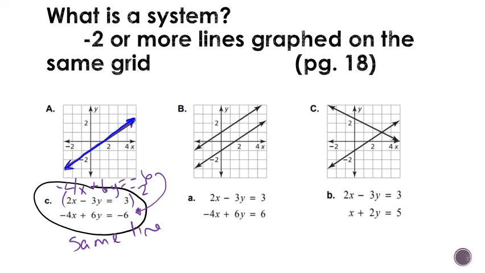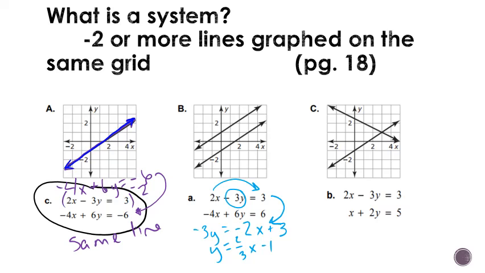Okay, the next one is what we call parallel lines. They have the same slope. The way to determine that is to solve each of these equations for y equals. So I'm keeping this term here and I'm moving the 2x over. So it'll be negative 2x plus 3. Then I'm going to divide by negative 3. So when I do that, I'd have positive 2/3 x minus 1.